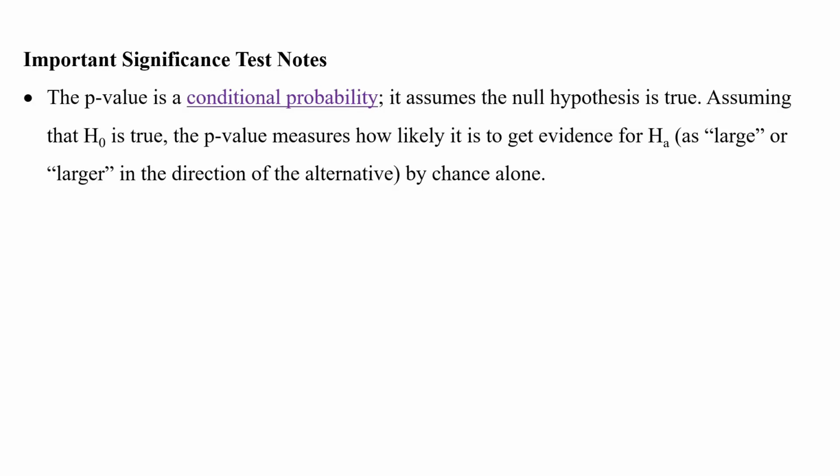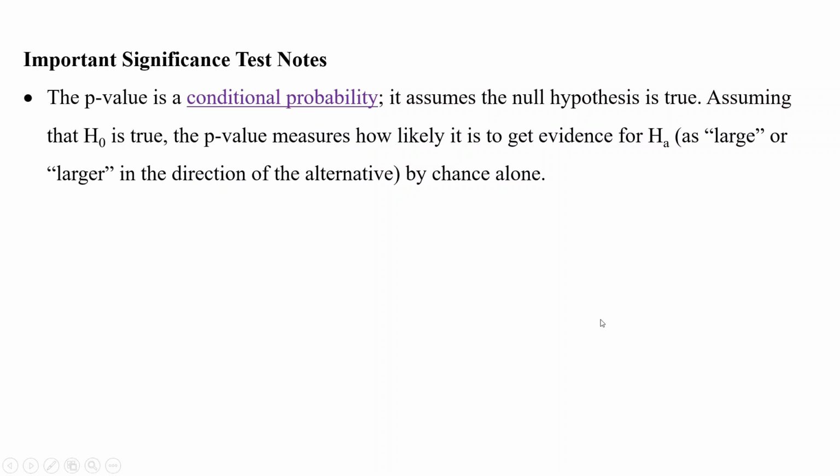Before we get into running a significance test today, I want to go over a couple of important notes from the last video. So remember that a p-value is a conditional probability. It assumes that the null is true. And when we assume that the null is true, the p-value measures how likely it is to get evidence for our alternative by chance alone.